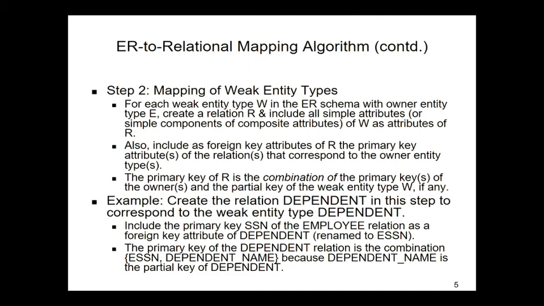You have to identify the associated strong entity. So again, we have the foreign keys associated with that to link them together, because you cannot have a weak entity without a strong one.